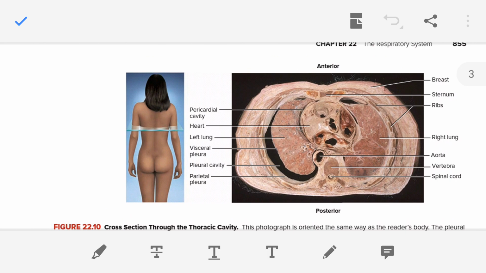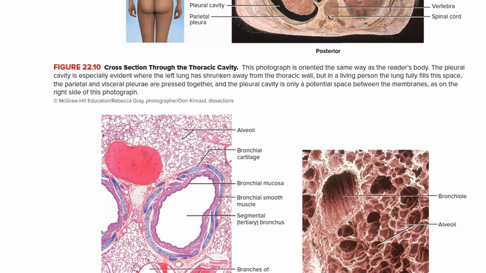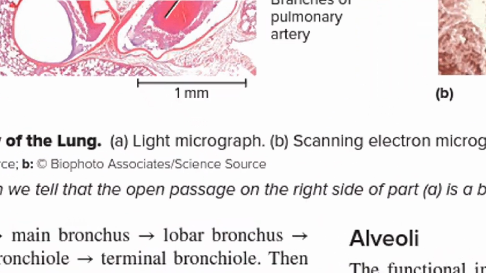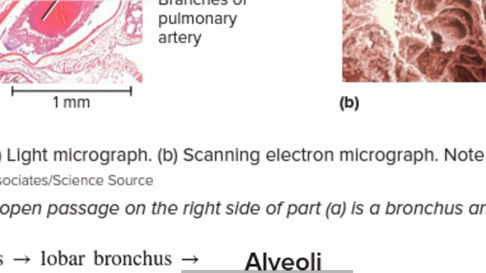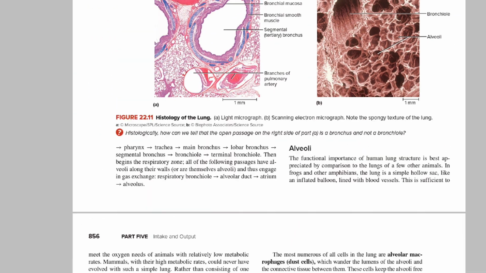Then now they are showing a histological slide, histology of the lung. A, light micrograph, and B, scanning electron micrograph.